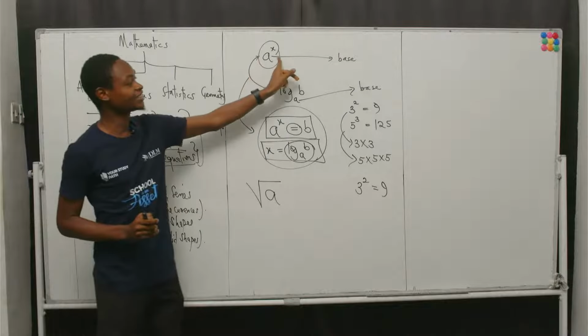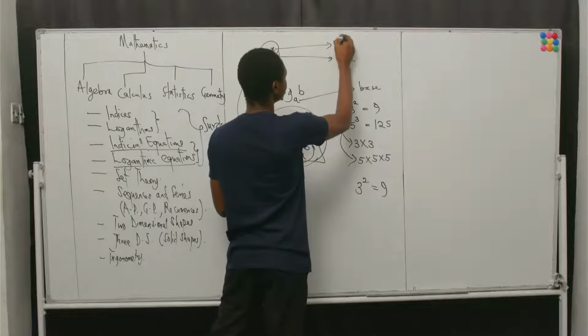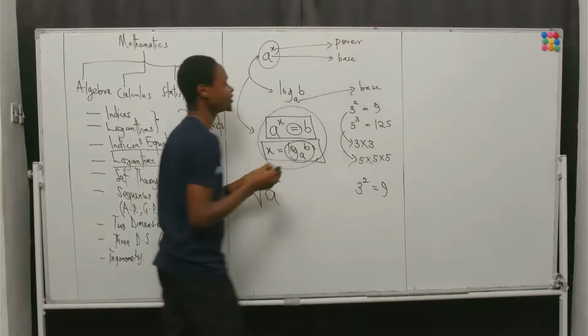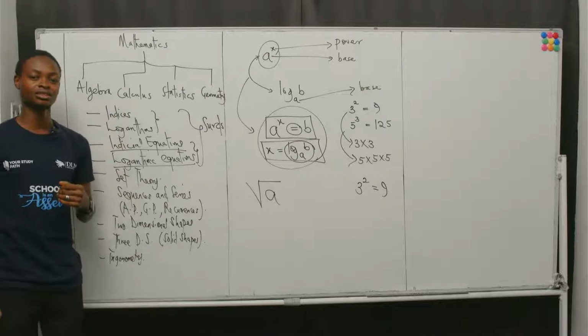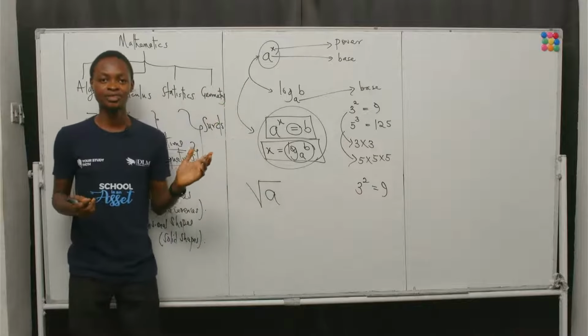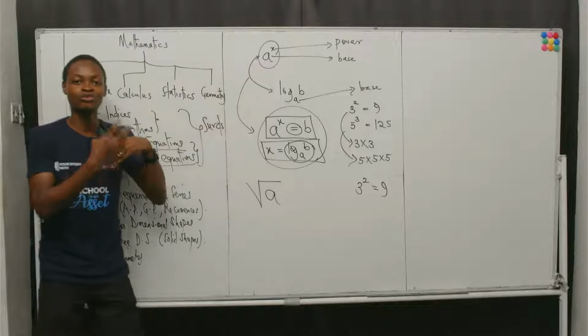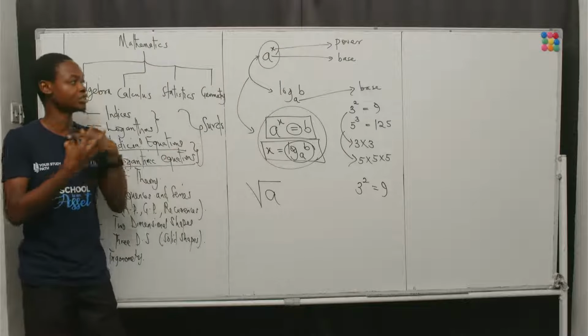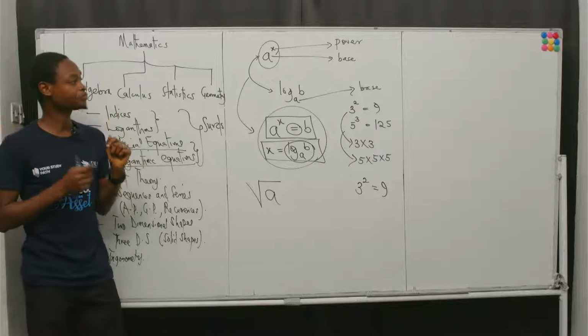Remember, we have said that indices is a base raised to a particular power. That is the representation that formulates indices, which means that this power could be anything, and it will represent the amount of times that base is multiplied with itself or divided by itself, as the case might be.